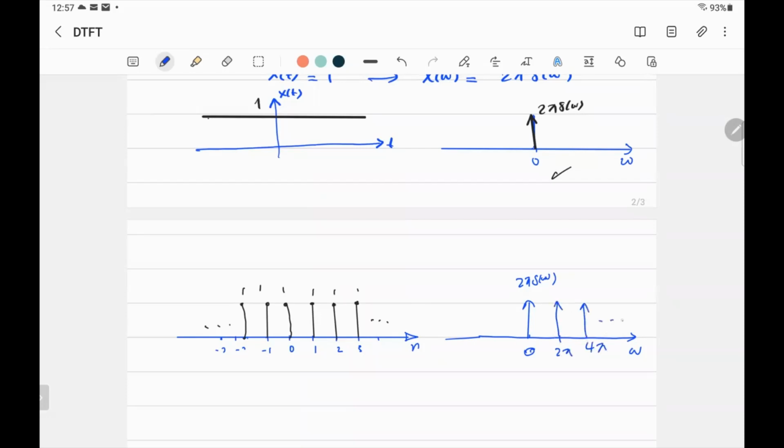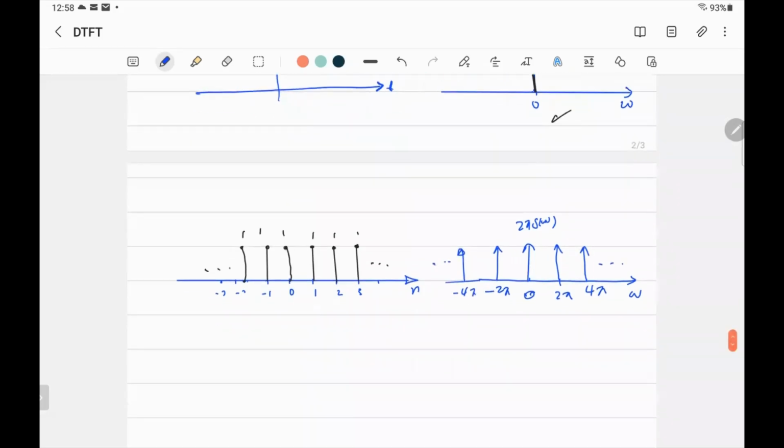Don't sketch too much, just a couple of them. Minus 2 pi, minus 4 pi, and continue. Since we agreed that the discrete time Fourier transform will use capital omega, we'll replace this small omega by the big one. So I have omega.